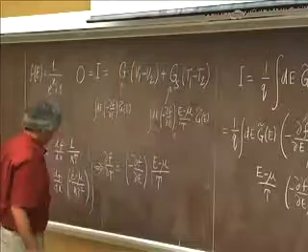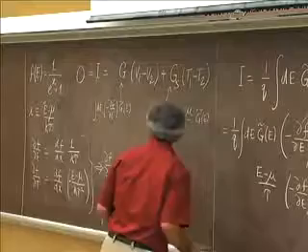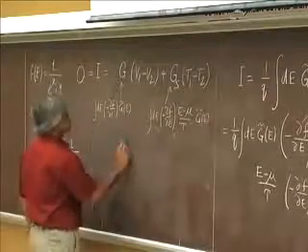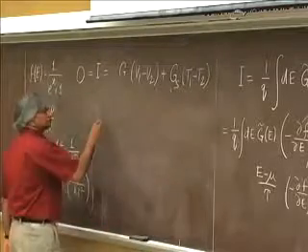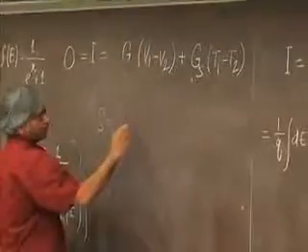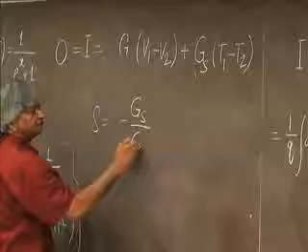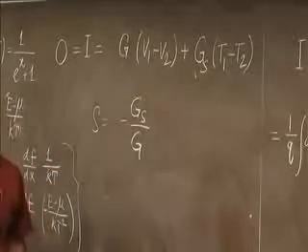So the Seebeck coefficient will be the ratio of this voltage to the temperature, and that would come out as minus GS over G under open circuit conditions. So that's what is usually measured.